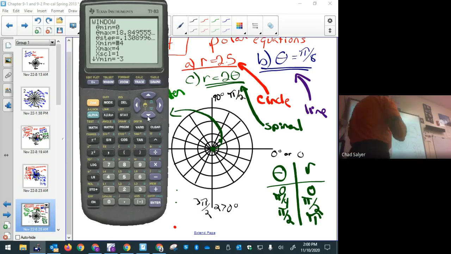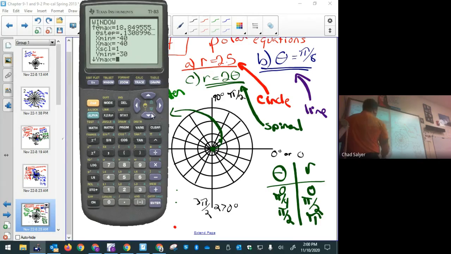Now I have to think about how the radius is going to be double the angle, because r equals 2 theta. So this is 18. I'll need about 40 units in each direction. I'll just go 30 units in each direction here. It'll cut off a bit of it, but you'll get the idea.